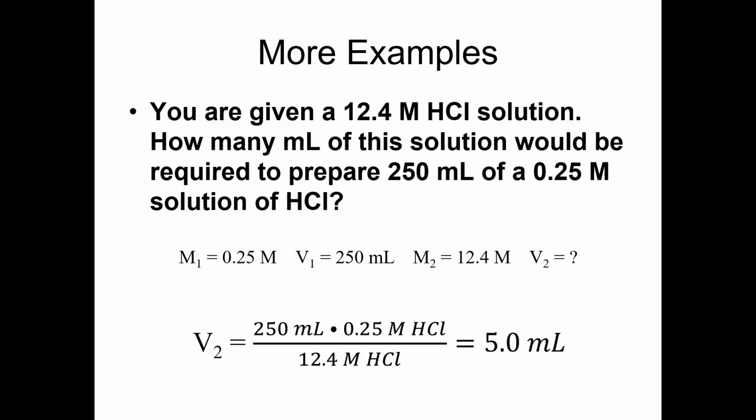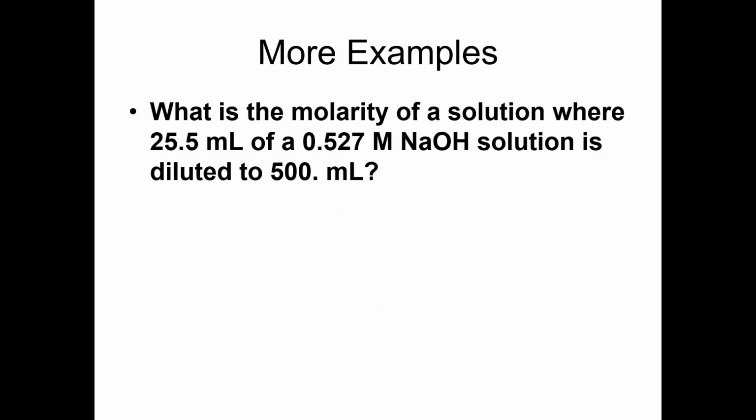Let's work another one. What is the molarity of a solution where 25.5 milliliters of a 0.527 molar sodium hydroxide solution is diluted to 500 milliliters? I'm just going to take this first set, V1 here equals 25.5 milliliters.